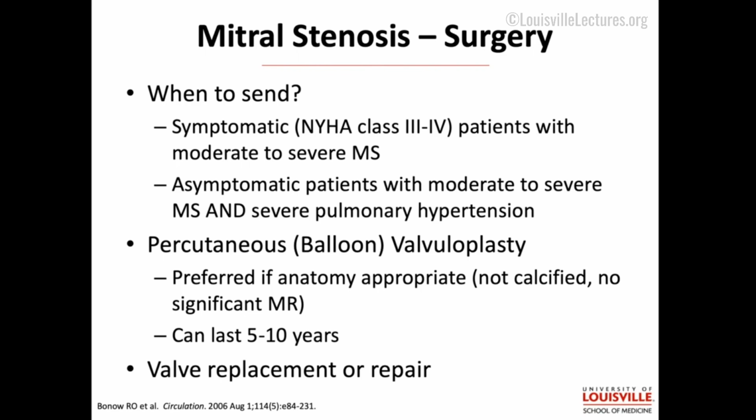Okay? This balloon valvuloplasty, where we just blow up a balloon inside that chunky calcified mitral valve, is actually preferred because you can get 5 to 10 years out of it. But you need to be a good candidate, and you cannot have significant MR or lots of calcium that's going to fly and cause strokes.